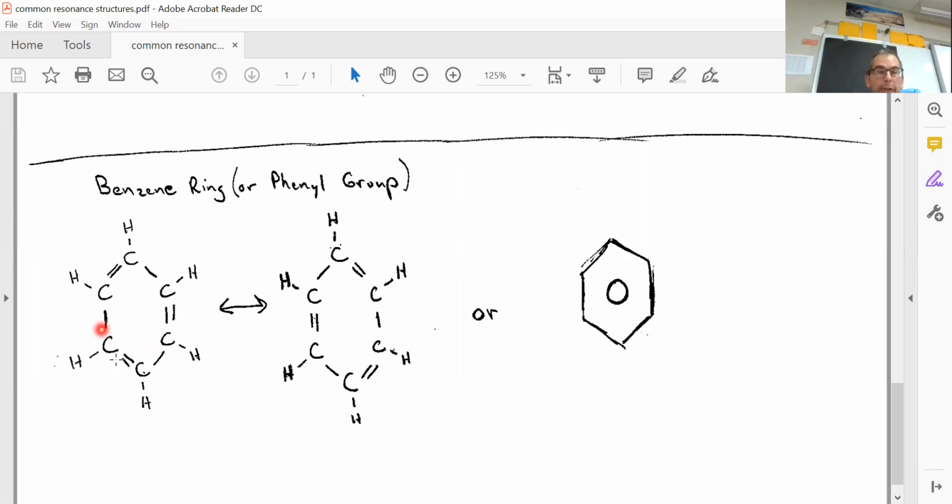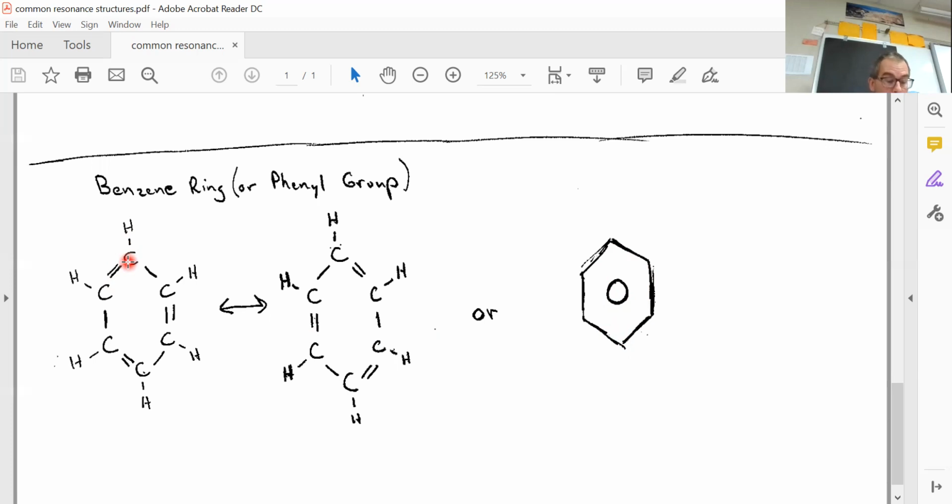So if I look at this structure, it might be drawn here, or I could switch where the double bonds are as a resonance. And because this is so often used in biology, we have a shorthand for this just with the ring around it. And every corner represents a carbon, and we fill up enough hydrogen so it has 4 bonds. So we know what that is, a benzene ring. Let's see just a little bit with that structure. It's trigonal planar around each carbon.